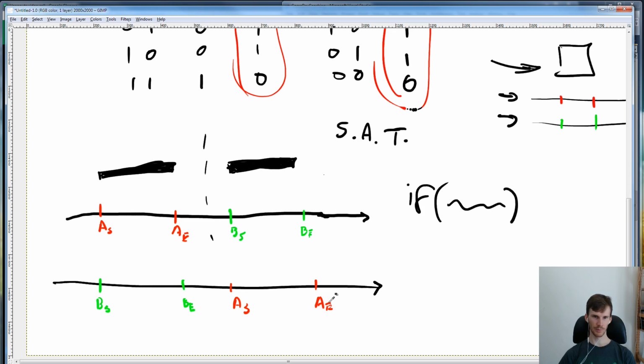So B start has to be greater than A end, and B end has to be greater than. Well, I guess we're reversing it. I wanted to say B start or B end has to be greater than A end also, but I don't think that's 100% right. Because you're saying it could be like we could be flipped, right? But I know for sure that B start has to be greater than.